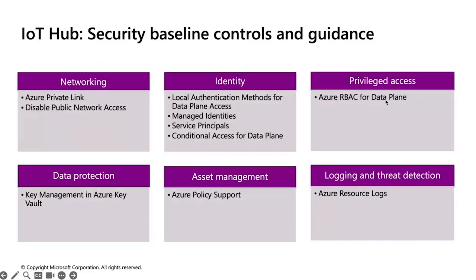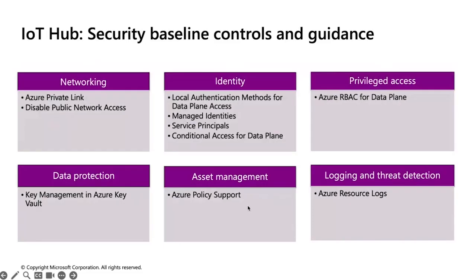In privileged access, for all the data plane where data is going to be accessed by any application or services related to IoT devices, RBAC using Azure role-based access control will give you additional security. For data protection, we can use Key Vault for key management, for secrets, for passwords. We should consider using Key Vault.